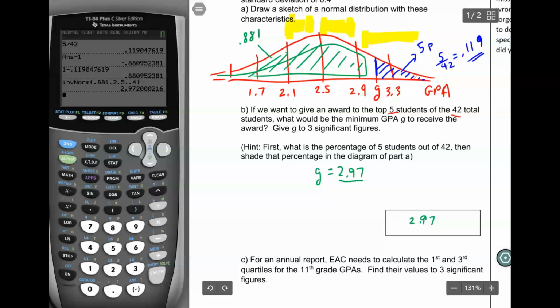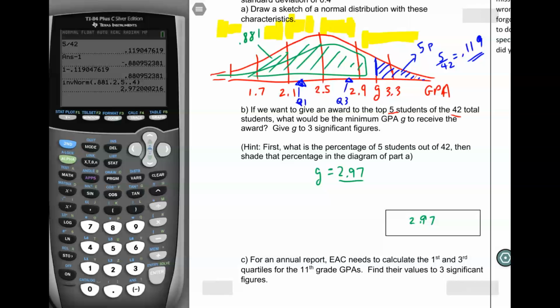Because this middle part is 34%, right? So actually, the quartiles are going to be located like here and here, right? Slightly inside the first standard deviation line. So this is going to be your Q1, and this is going to be your Q3.